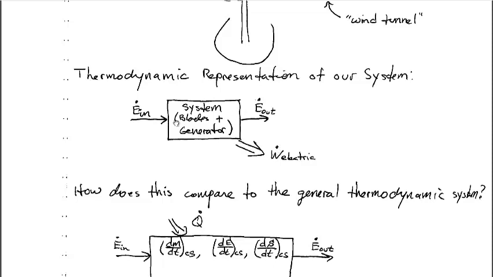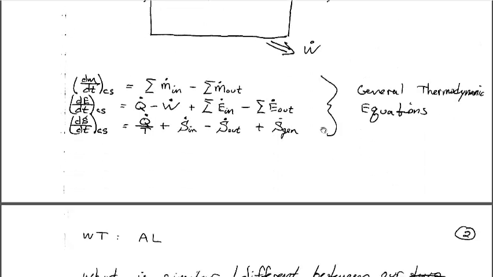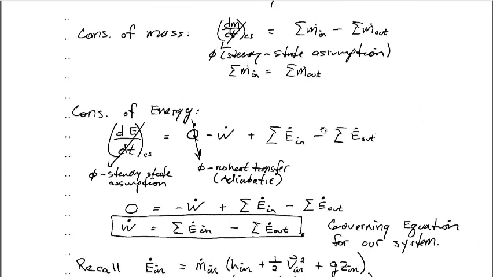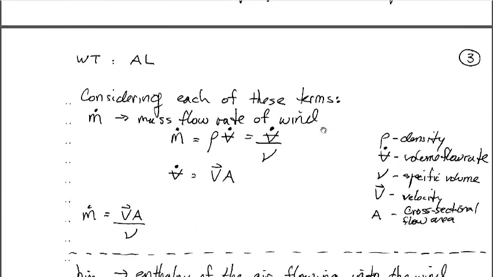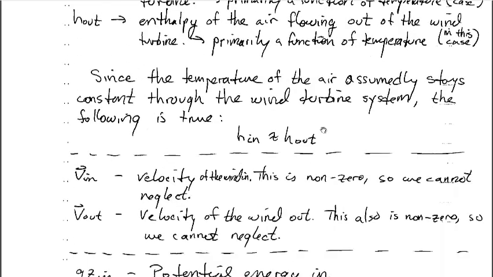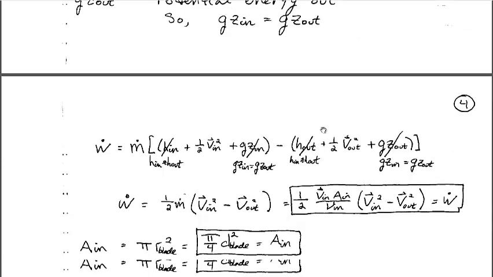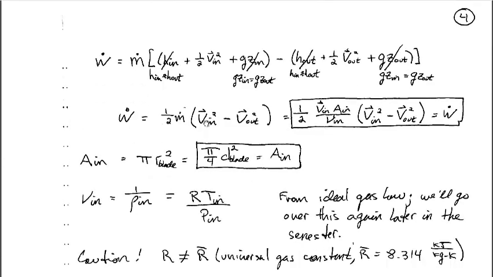In other words, the change in energy between these two terms must equal this energy flow out that we have here represented as W dot electric. And that's exactly what our mathematical equation is telling us. It's telling us that the power leaving the control system, this W dot, is equal to the difference between the inlet kinetic energy and the outlet kinetic energy.